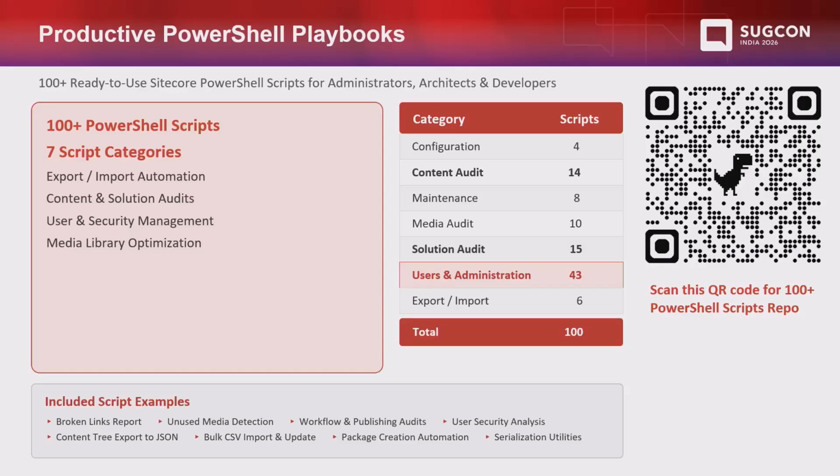Similarly, there are multiple scripts for maintenance, media items, solution audit, and export and import of Sitecore items or content. Overall 100 scripts are there, which you can download and use in your project. For that, just scan this QR code and you will get the link of that GitHub repo.